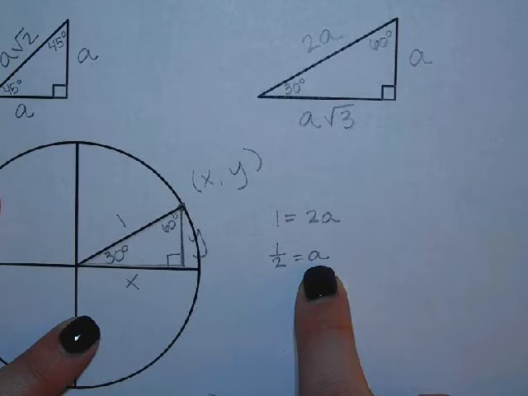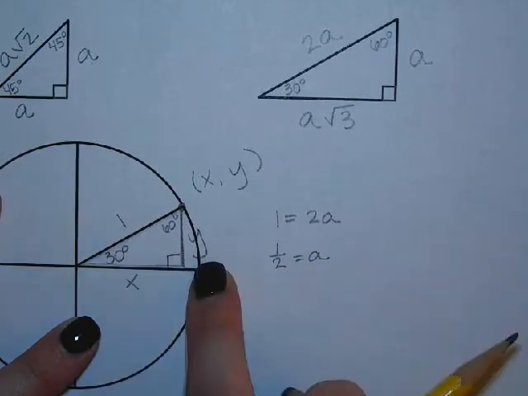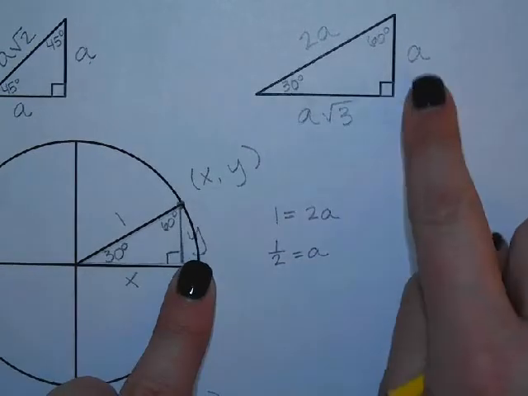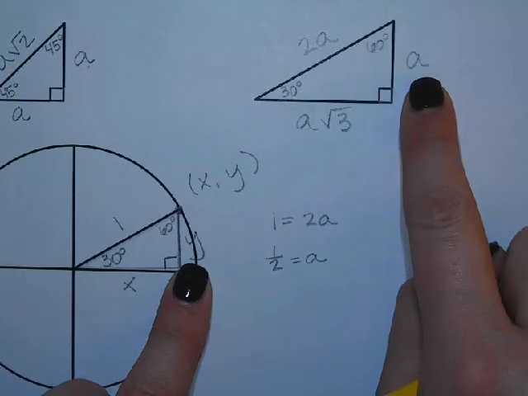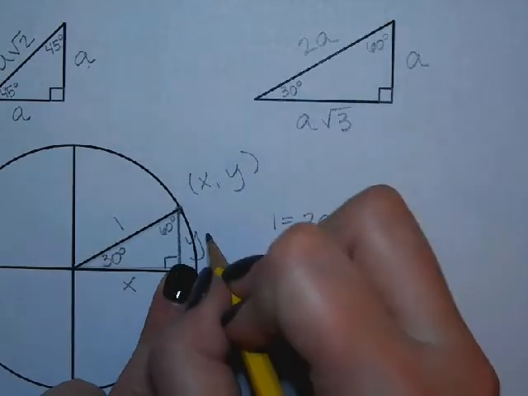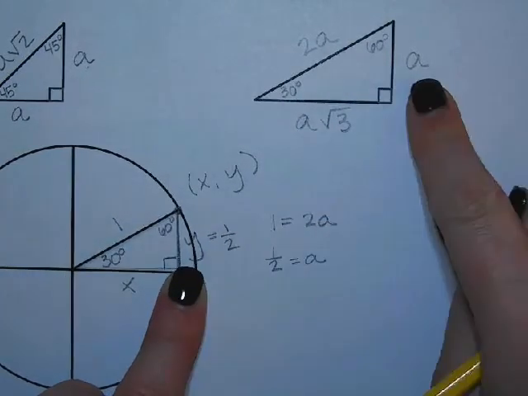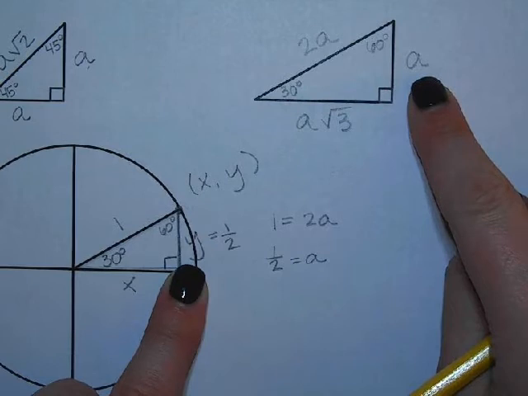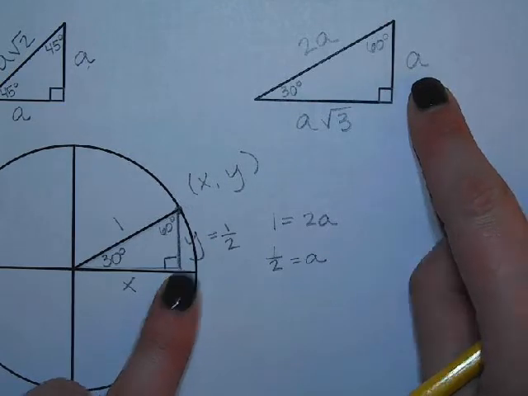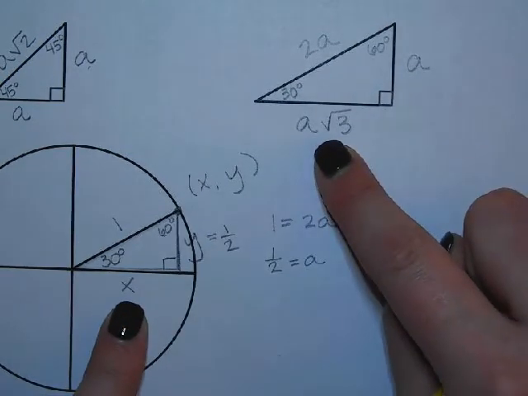All right. So we have, this is 1. What's the y going to be? It's going to be 1/2. Okay, so we got this one. That's just 1/2. And then the other one's going to be 1/2 times root 3.